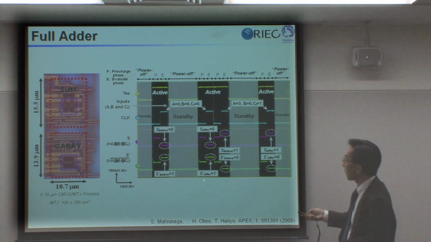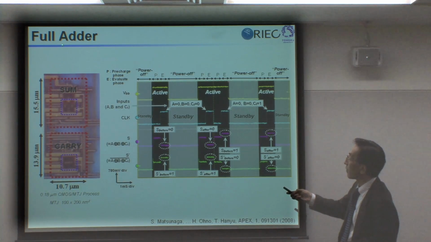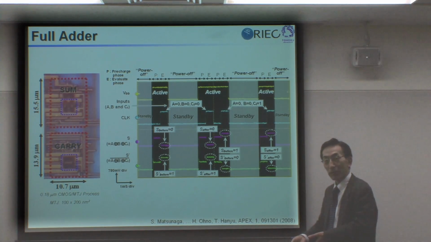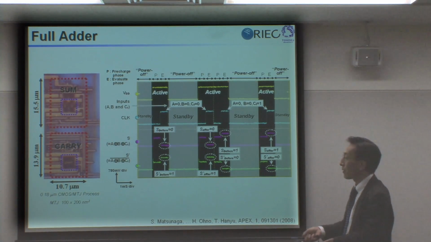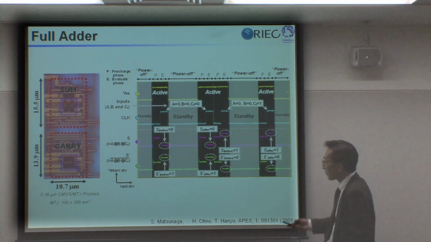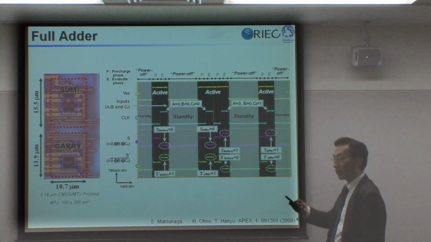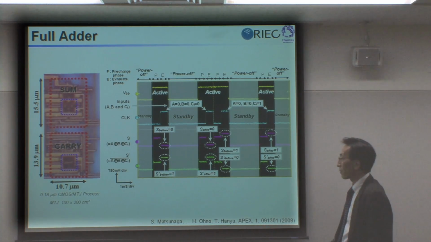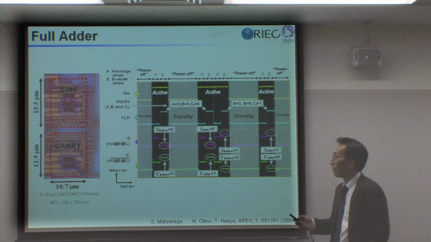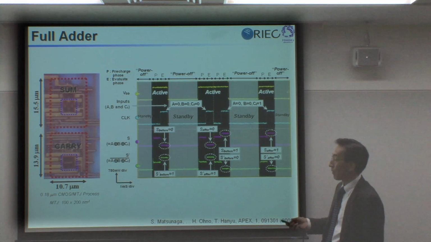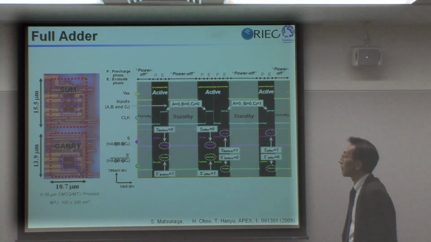And when you start operation, you have to put that information back to the circuit and then start the operation. So it takes power and time to resume the operation. But here, all you have to do is just turn the power off, and we do not need any power here, and we can immediately start the operation. So that's very dramatic. That will have a dramatic effect in power saving.